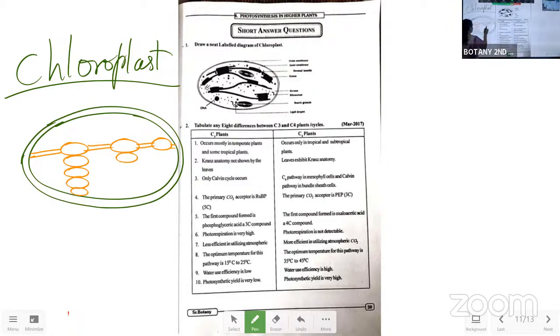So for these thylakoids, first of all draw the disc-like structures. Draw oval-shaped structures so that it's easy for you to give the labeling part, and it also looks very nice. After this, these are connected to the inner membrane and to the other grana thylakoids.